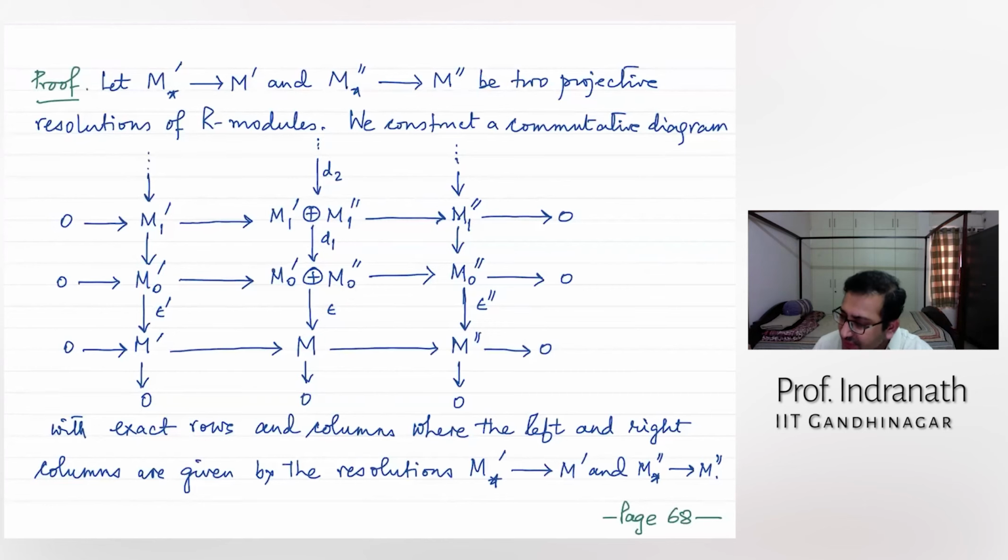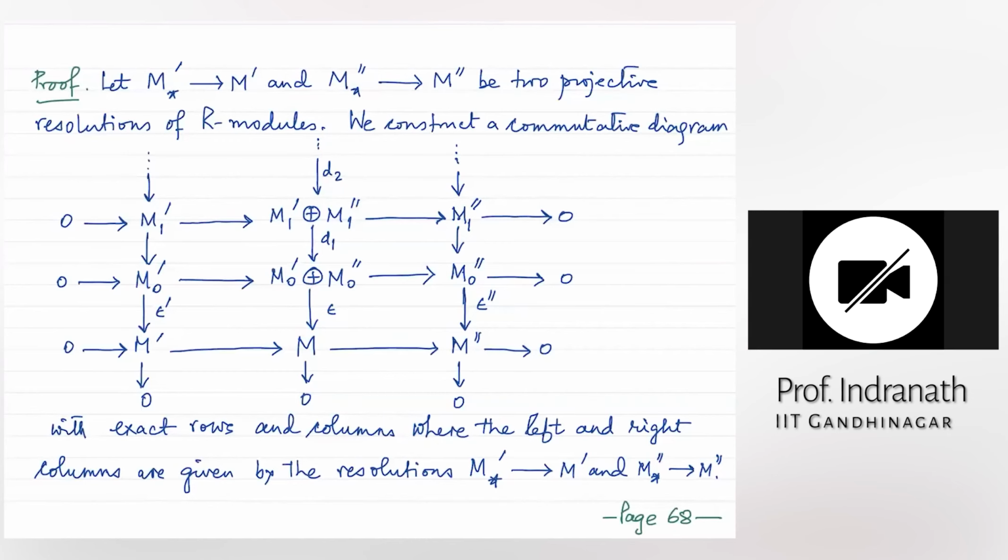Because we know for each one of these, we have projective resolutions; minimality is not really necessary. We can easily create these three vertical columns. Why did you have to do this kind of construction? Can somebody answer? So first of all, commutative diagrams, and then exact sequences at the rows. Yes.